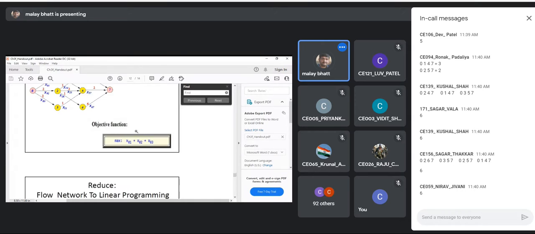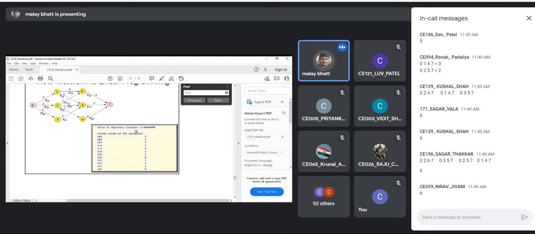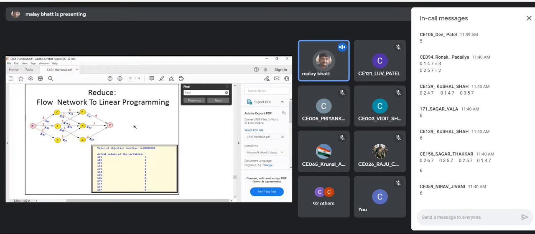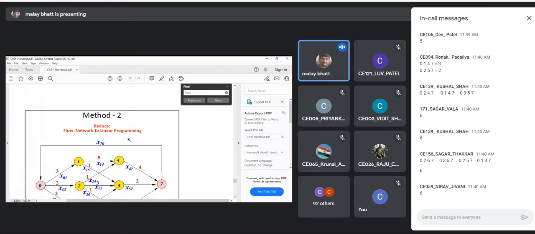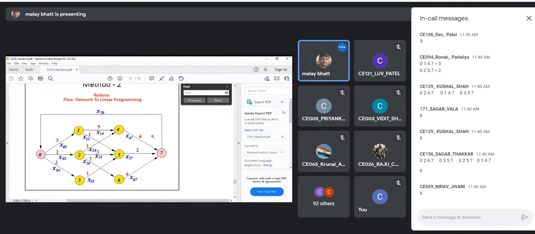Clear? So now one more way to write this is: the value of the objective function is 6, as we have seen, and the values of all the variables are also given here. Another method is you will connect the sink node with the source node. You can see the difference.